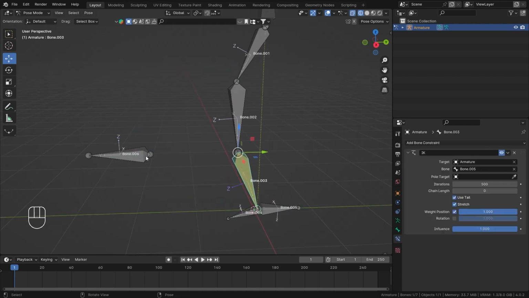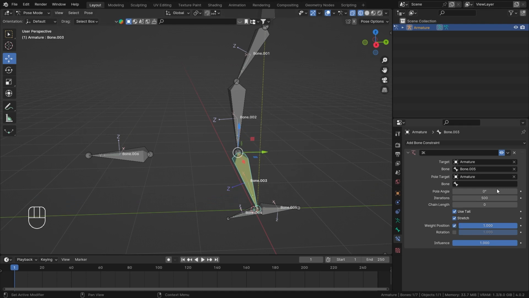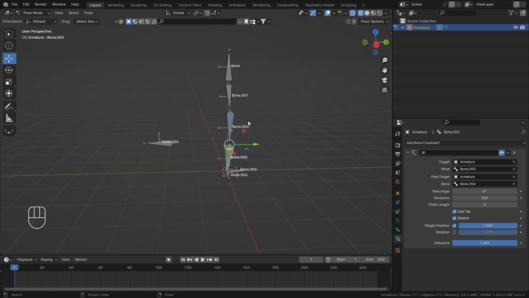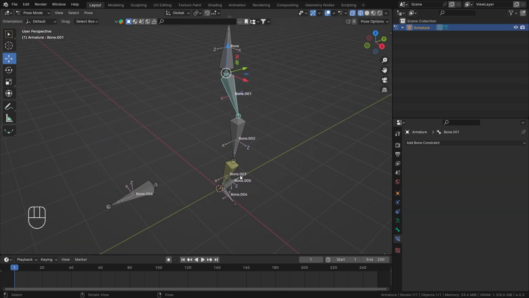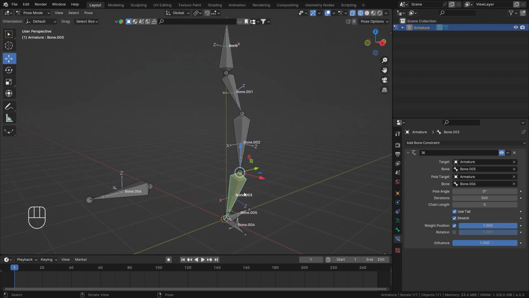Now you need to select bone number 6, as we can see, as our pole. So first it will select the armature and then it will select bone number 6 as our pole. Now as you can see, my bones just got rotated by 90 degrees, which is weird, but it is actually not that weird.